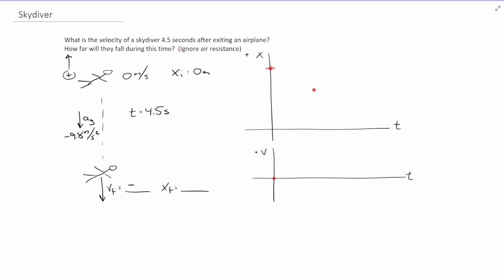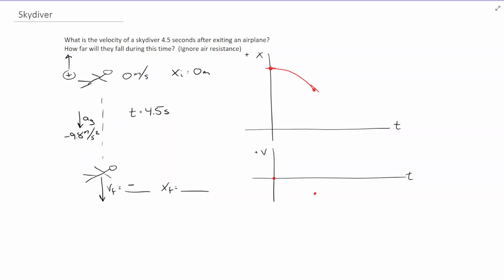Has he gotten all the way to the ground? Probably not in 4.5 seconds. Wouldn't be a very fun skydive. So I'm not putting him all the way down. What I do know is this skydiver is now moving downward, which would be the negative direction, and it's certainly faster than 0. So I'm going to have a negative slope, and we start to see that we should get part of this kind of parabola shape. And a negative slope is a negative velocity.